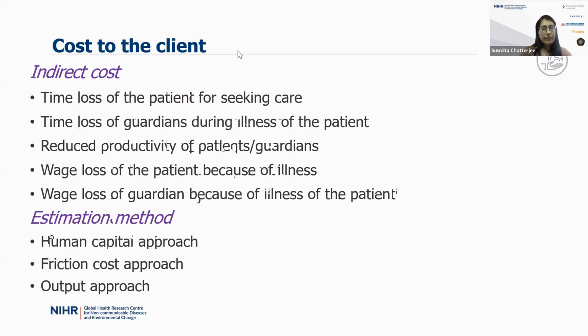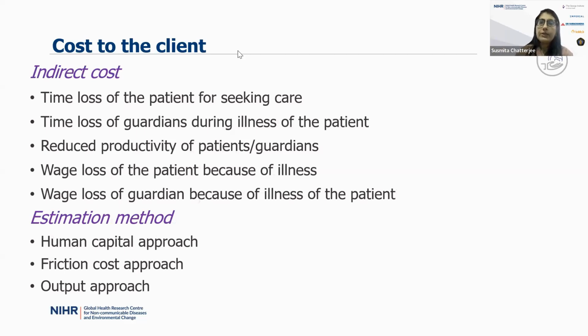There are different estimation methods. One method is the human capital approach. Time loss is generally calculated using the human capital approach. With this approach, suppose someone is sick and went to a PHC to see the doctor, okay?